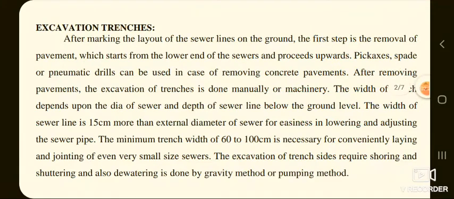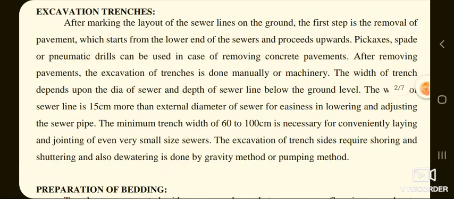So after marking the layout of the sewer lines on the ground, the first step is the removal of pavement, which starts from the lower end of the sewer and proceeds upwards. Pickaxes, spade or pneumatic drills can be used in case of removing concrete pavements.